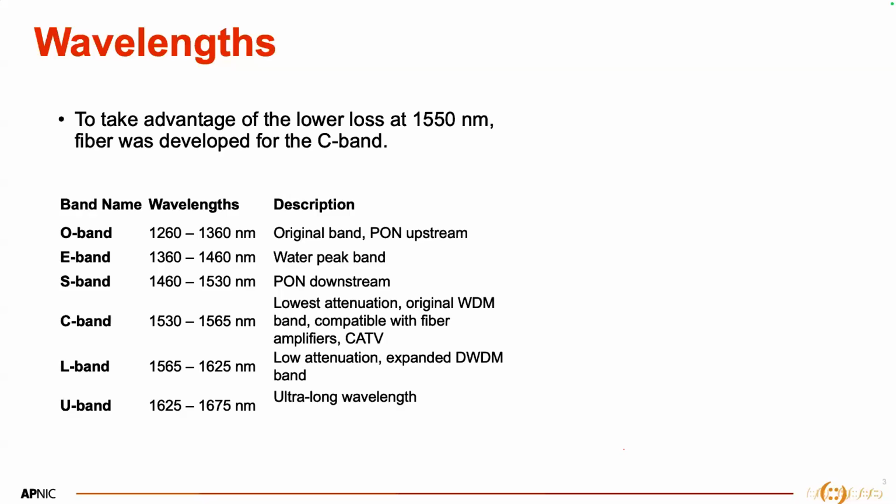Anand is asking, after C and L, which band is being considered for DWDM expansion and why? As I said earlier, U band. After C and L, you need to expand to U band, and that's the end of it. Once you are done using C and L band, the rest of the band is U band, which you can operate on.